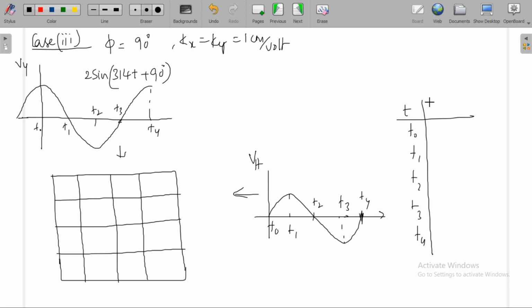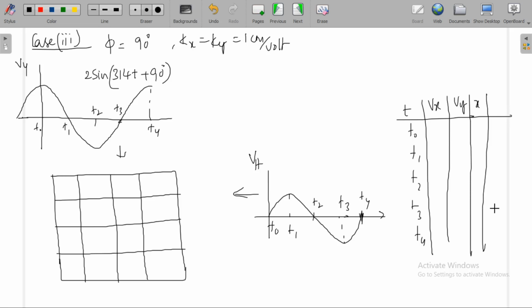Now what is Vx, what is Vy, and what is X, what is Y? At T naught, what is Vx? This is Vx, 2 sine 314 t. At T naught it is 0.